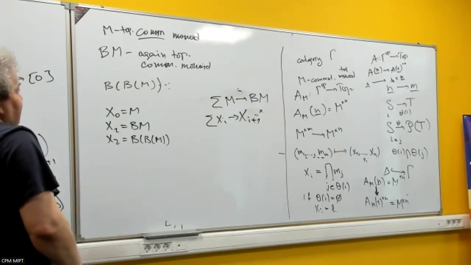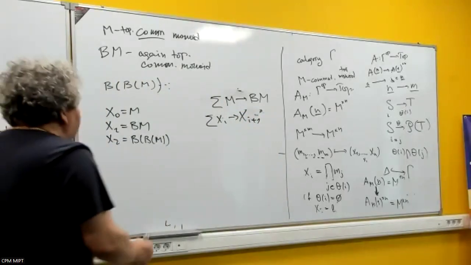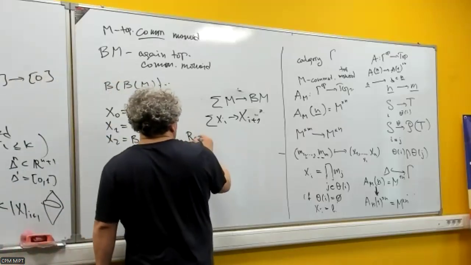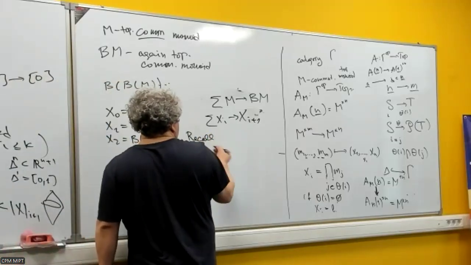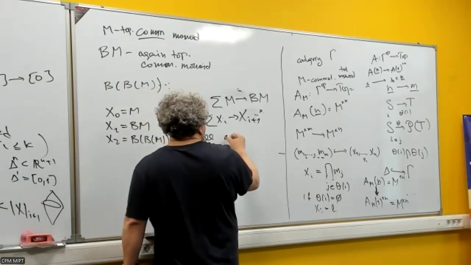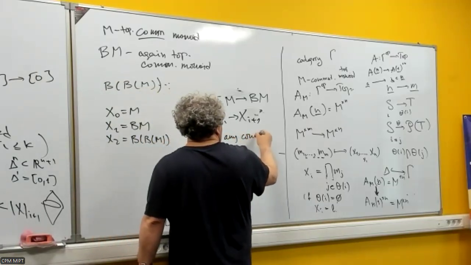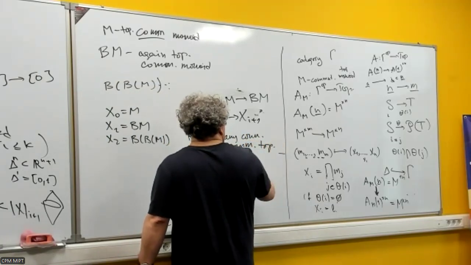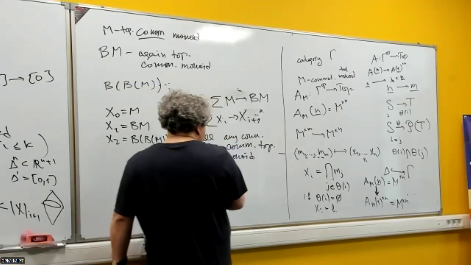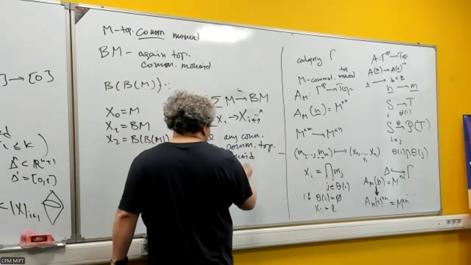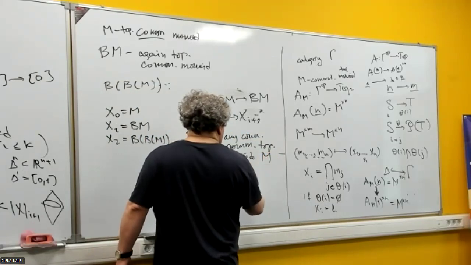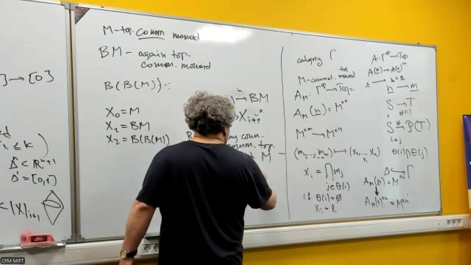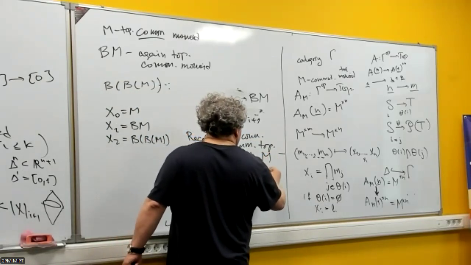And of course, this spectrum is not very interesting, because I recall the theorem that any connected commutative topological monoid is actually weakly equivalent to the product over n of K(pi_n of M, n).